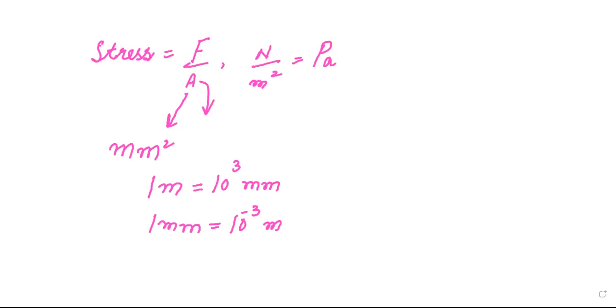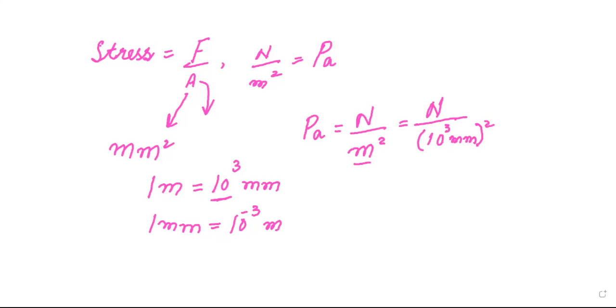So if I write this stress in terms of Pascal, we write it as Newton per meter square. If we represent the area in terms of mm, then 1 meter is 10 raised to power 3 mm, and we have a square over it, because 10 raised to power 3 mm is equal to 1 meter.